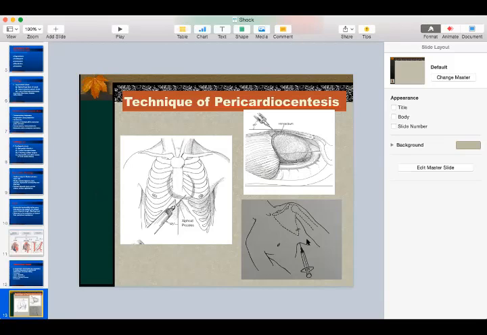to pierce towards the top left side of the patient toward the heart, basically, or the parasternal approach, shown here, where you point the needle again towards the top left side of the patient, but making sure that you pierce the fifth or sixth intercostal space at the left sternal border.